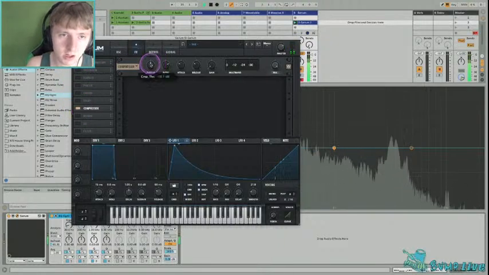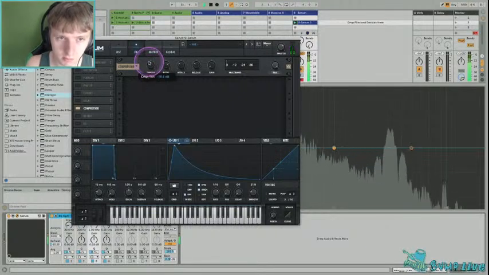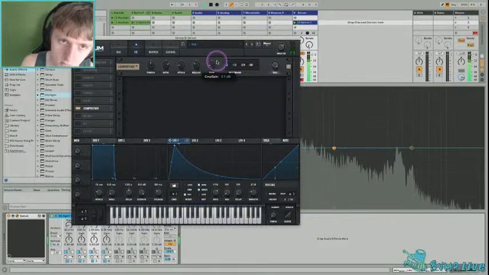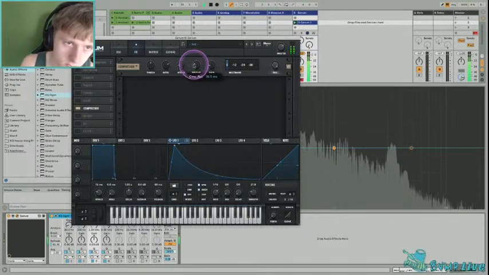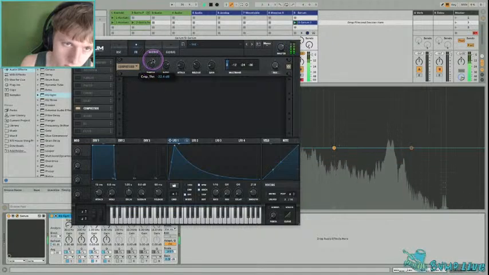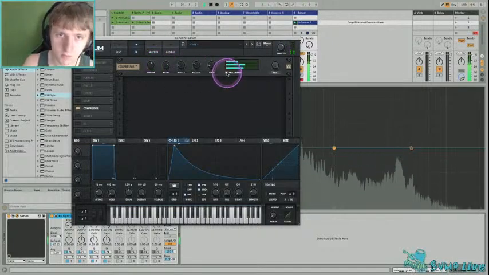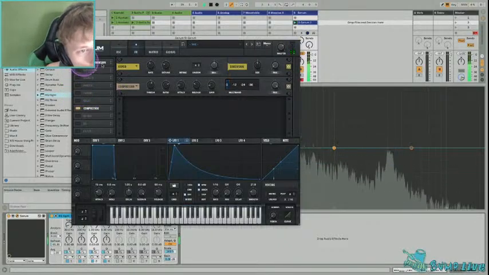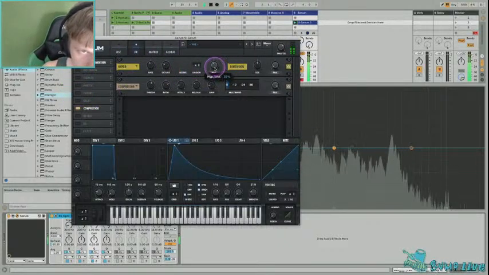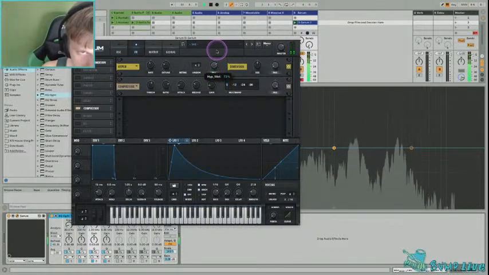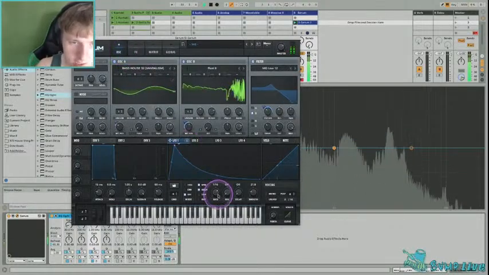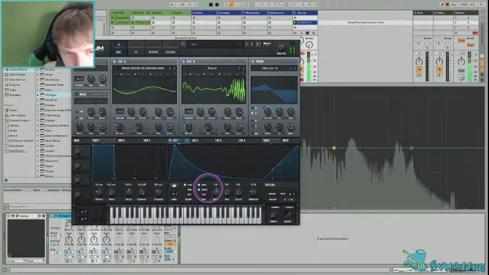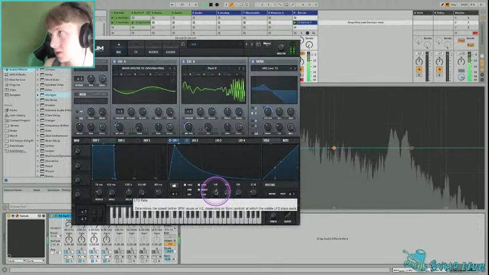I'll put a compressor on to control the volume. Maybe slow this down. I want it to start with the note.